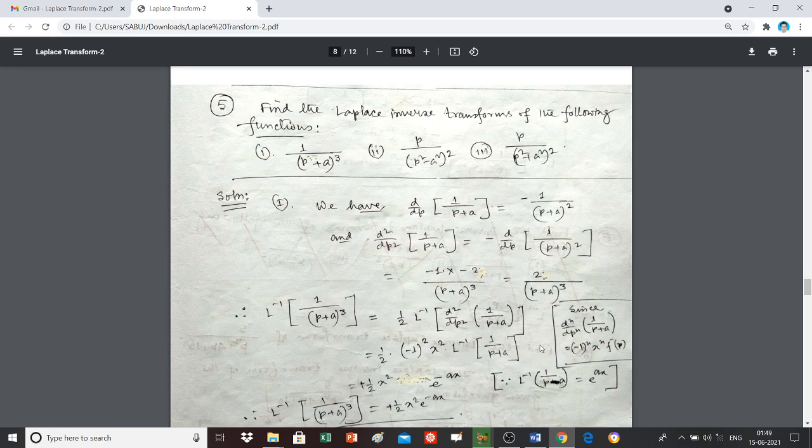Okay, so from this relation we have half, then (-1)², because in this case n is 2, then xⁿ, in this case x², then L inverse of 1/(p+a).